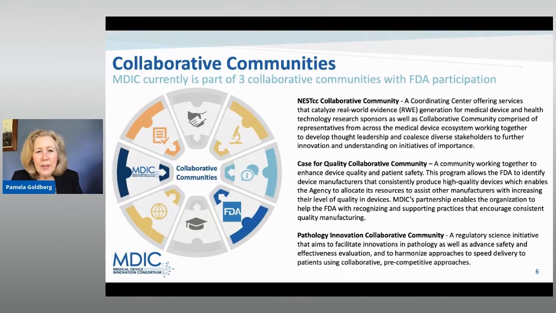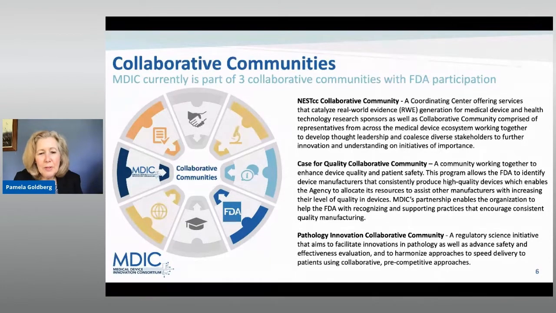So we're proud of the fact that MDIC has 3 different collaborative communities. FDA has made a priority, as have we, of having collaborative communities. And we have 3 currently and expect to add more, but currently our NEST collaborative community, our Case for Quality, and our digital pathology innovation.